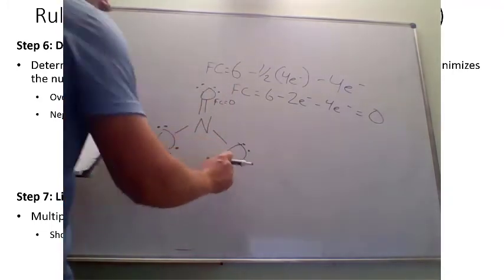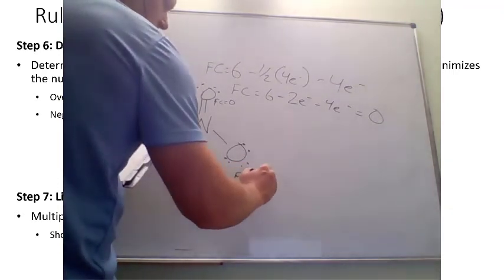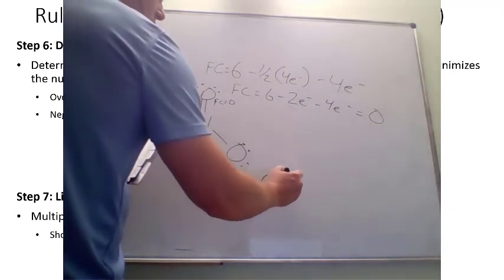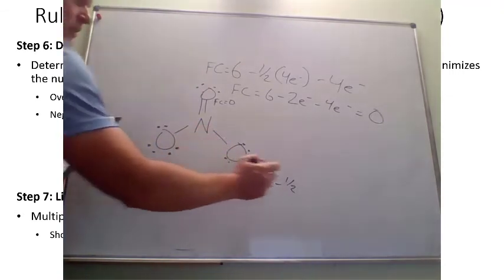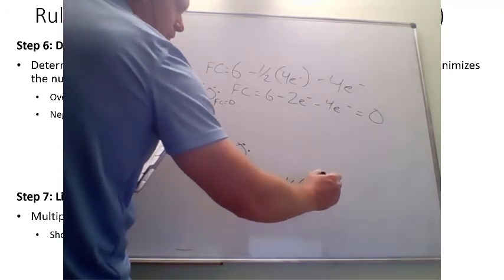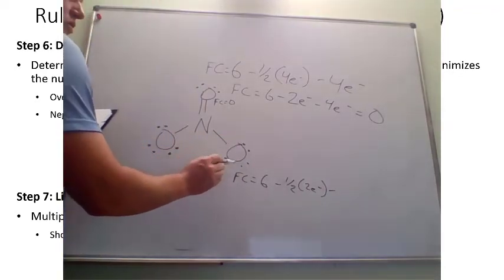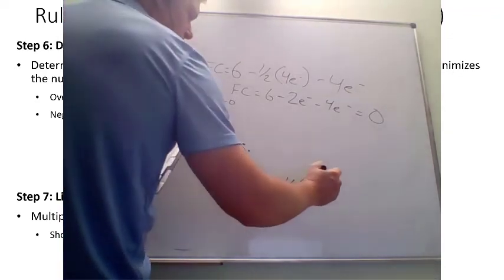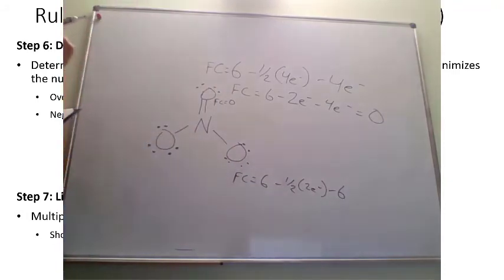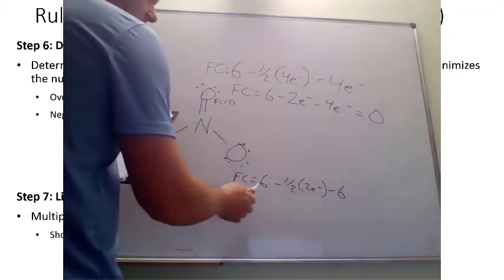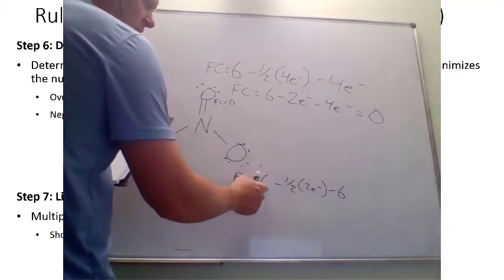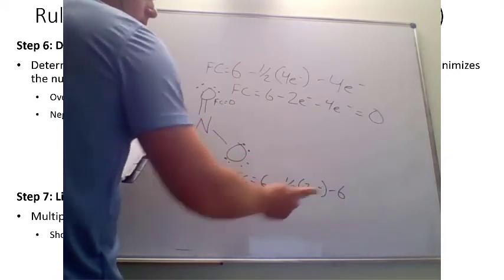Okay, if we do the same thing down here, formal charge is equal to 6 valence minus 1/2 of our bonding electrons, which we have 2 here, minus our non-bonding, 1, 2, 3, 4, 5, 6. Okay, so we have a total formal charge here. 6 minus 1/2 of 2 is 1, minus 6.